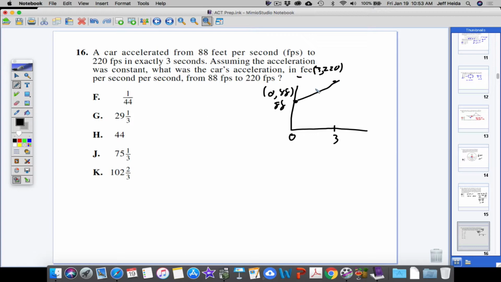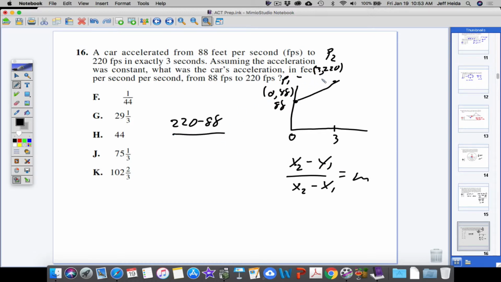So the constant acceleration would be the slope, which is 220 minus 88. We'll call this point 2, point 1. So the equation I'm using is y2 minus y1 over x2 minus x1 is equal to the slope m. So y2 minus y1 over x2 minus x1, 3 minus 0, so that's just 3.